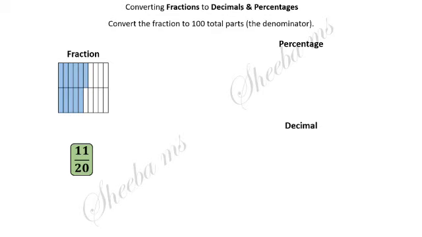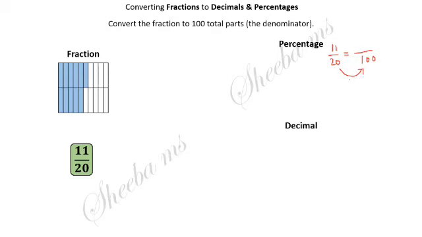Now let us take another example. Here 11 by 20. We want to change 11 by 20 into percentage. Percentage means per 100. So how many 20s make 100?